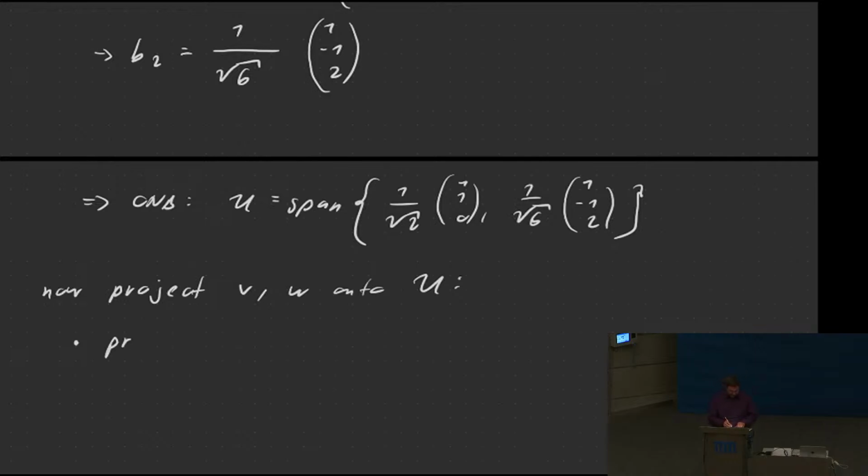So what we need to do here to compute the projection of V onto U is we need to project that vector onto each of those basis vectors and simply add the results. So first we do the projection of V, and V was (1, 0, 1), onto this first basis vector.